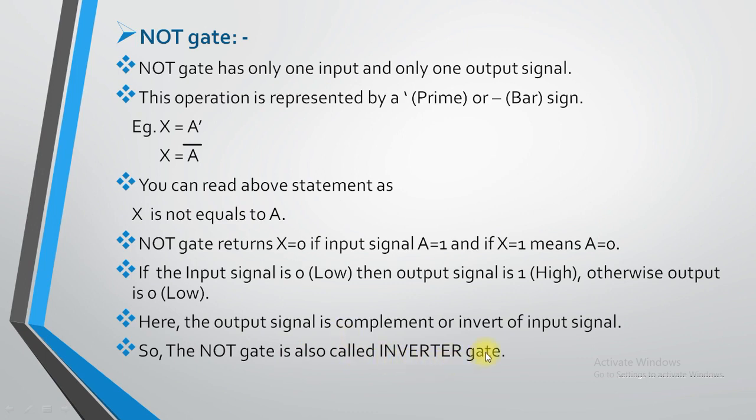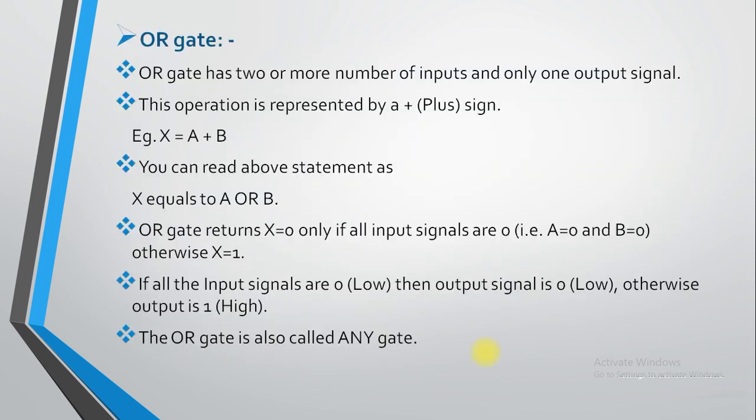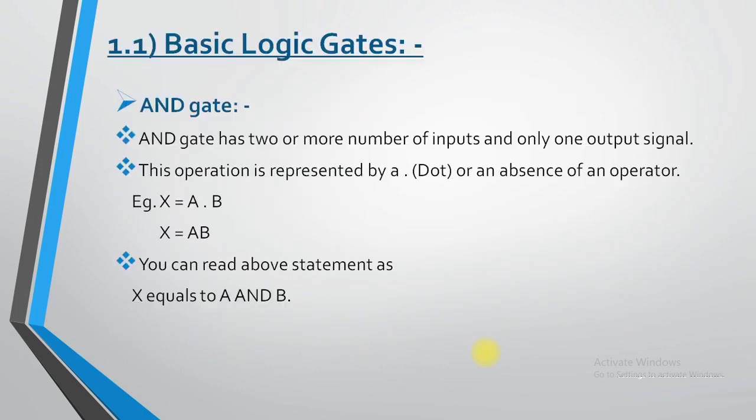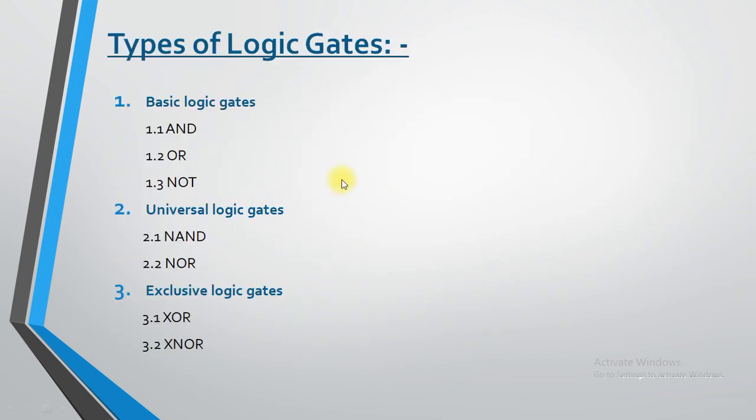The AND gate is called the AND gate, the OR gate is called the OR gate, and the NOT gate is referred to as the inverter gate. So these 3 are the basic gates: AND, OR and NOT. Logic gates contain 3 types: basic logic gates, universal logic gates and exclusive logic gates.